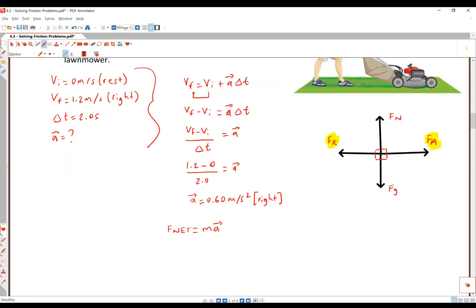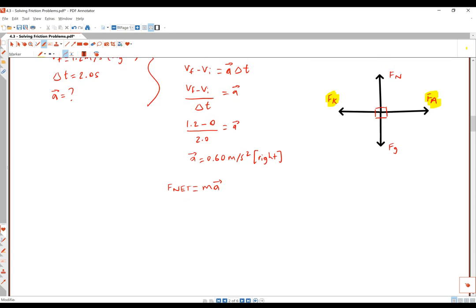In terms of our F net, we are going to specify our right direction. Anything to the right is going to be positive. So in terms of our net force, it's going to be F applied minus our force of kinetic friction is equal to mass times acceleration.